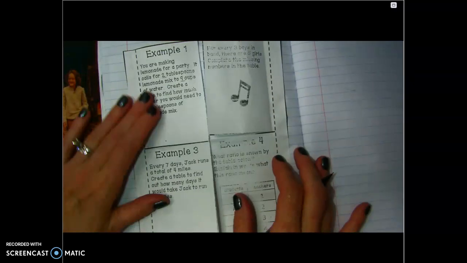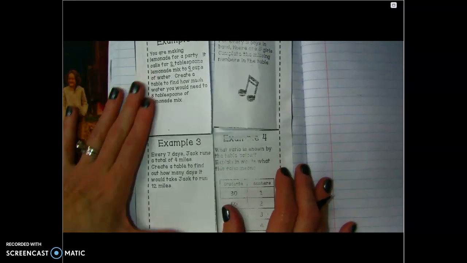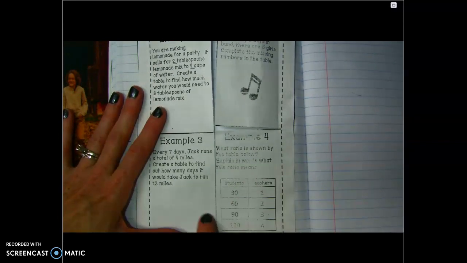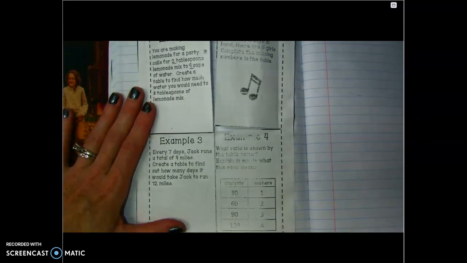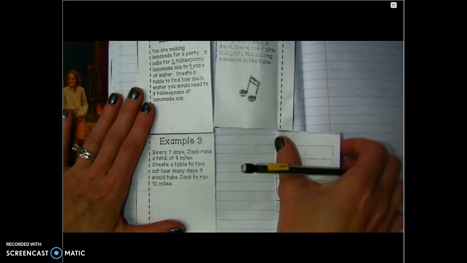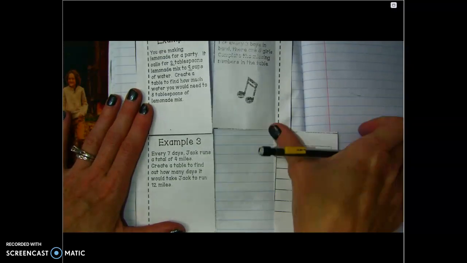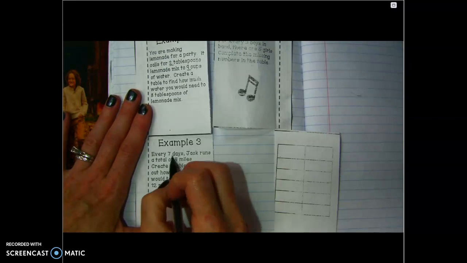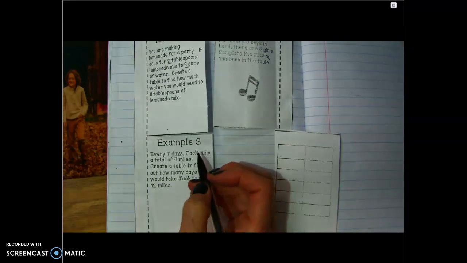Okay, let's look at example 3. It says every 7 days Jack runs a total of 4 miles. So in 7 days Jack runs 4 miles. Create a table to find out how many days it would take Jack to run 12 miles. So what are the words that we're looking at? We're looking at days and miles. Very good.